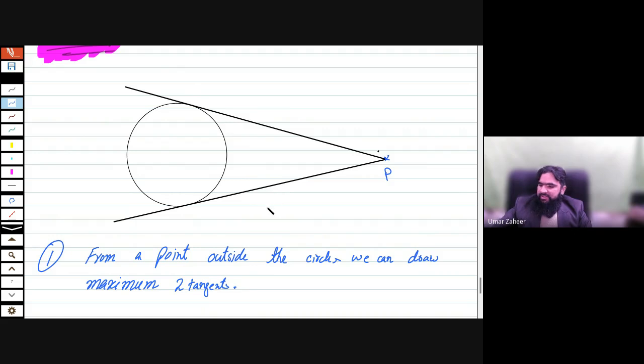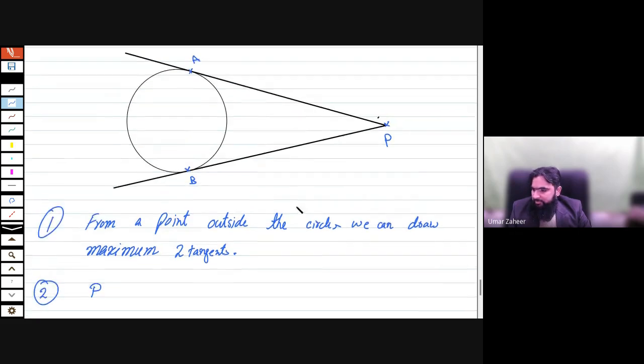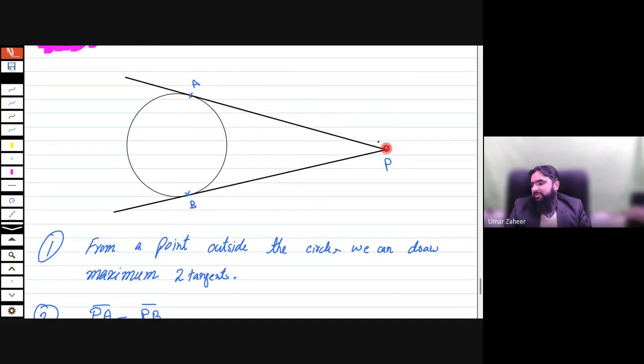The second point is, let's say this is the point P. Obviously the tangents are going to touch the circle, so let's say this is the point A and this is the point B. The second point is that the distance from the point P to the point A is always equal to the distance from P to B. They are exactly equal.